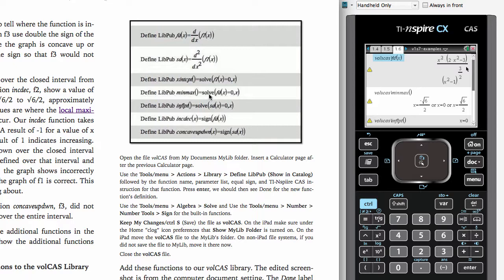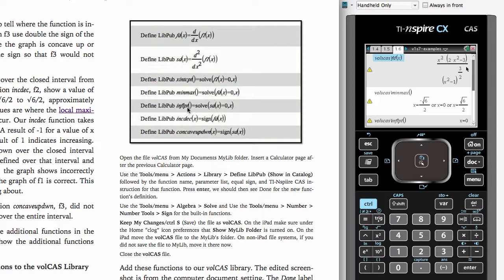There's a type 1 and type 2, and these are candidates. A candidate does not mean that it's actually going to turn out to be a minimum or maximum. So again, these functions are helpful, but you have to use these with your knowledge of what's going on. Otherwise, you can end up with answers that are incorrect.